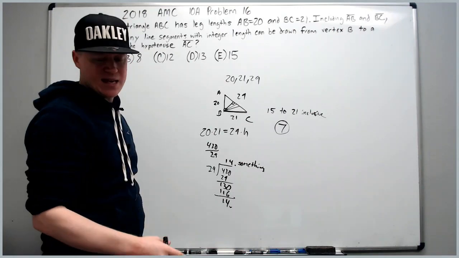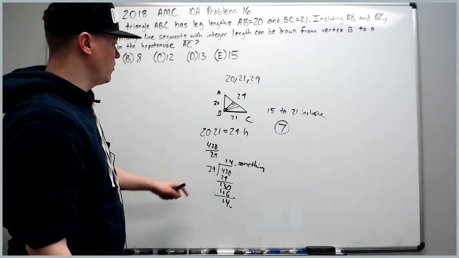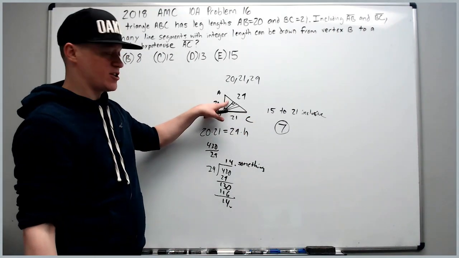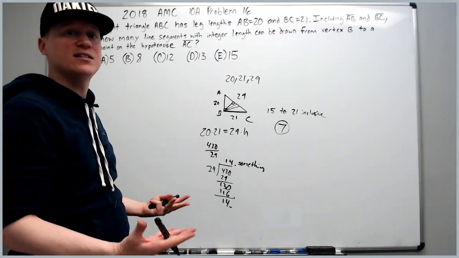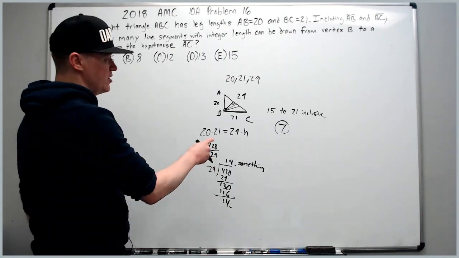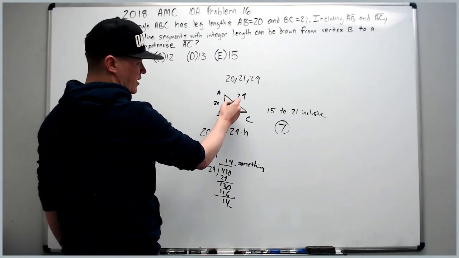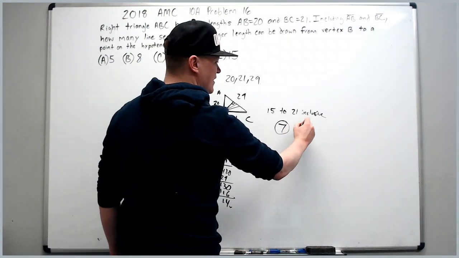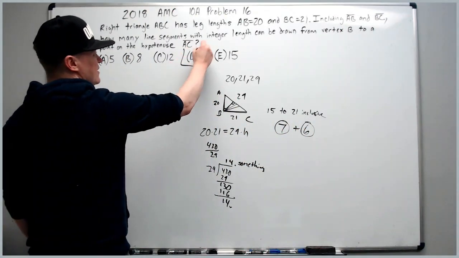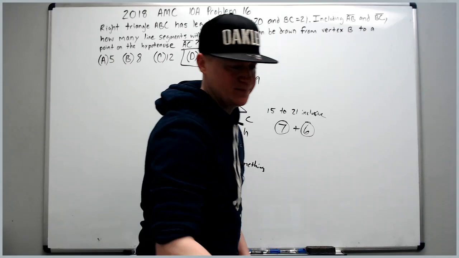No, it doesn't say that. So we know that we have to check the other side too. You can have two side lengths that both have the same length as long as they're not the same segment. So over here, you're going to go from 15 to 20 inclusive, which is going to give you 6. 7 plus 6 is 13.